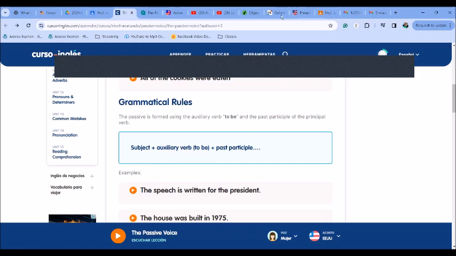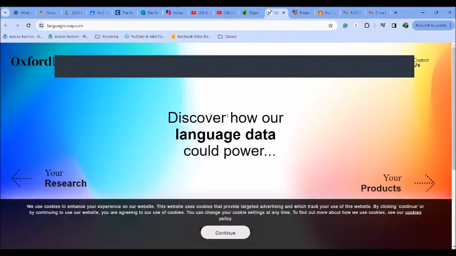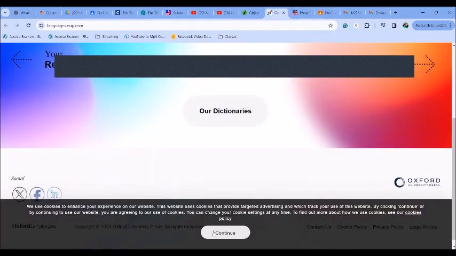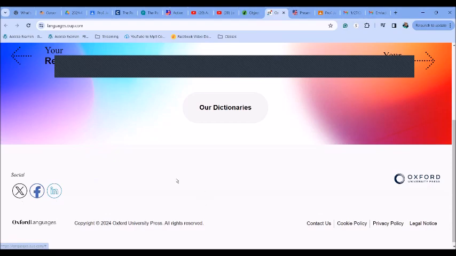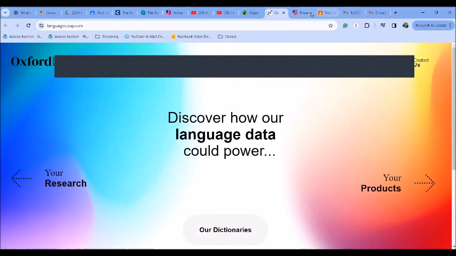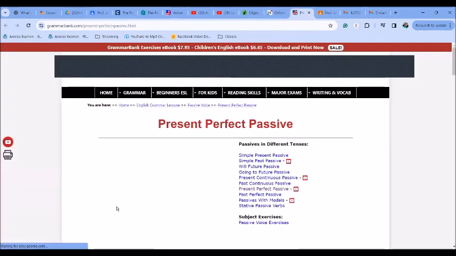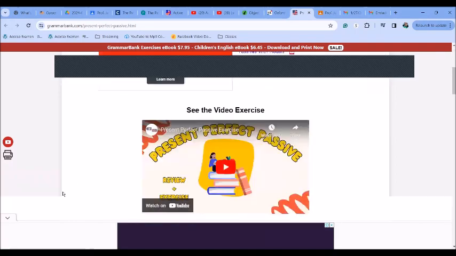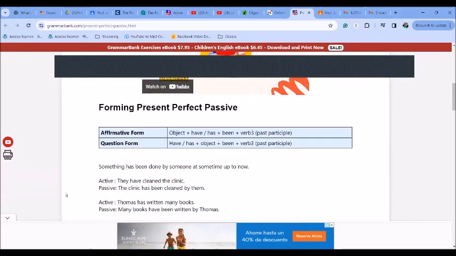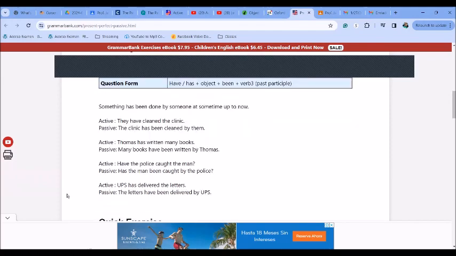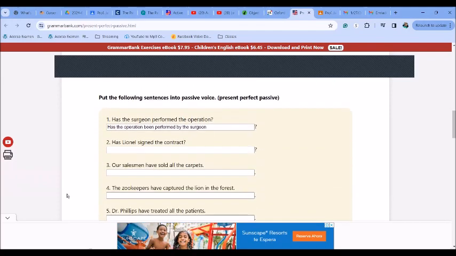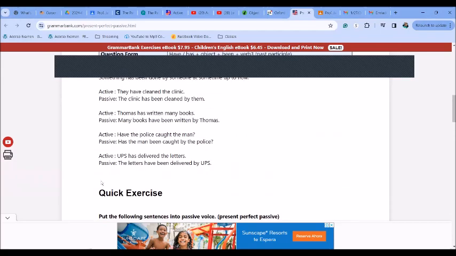When it comes to the use of participles, I'll drop you some more tools so you can jump and dive, particularly with the passive voice. There are lots of different ways you can switch and move around the passive voice.